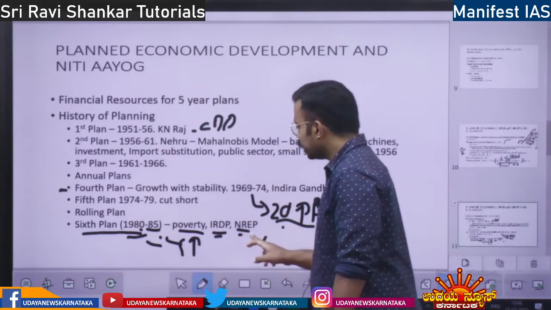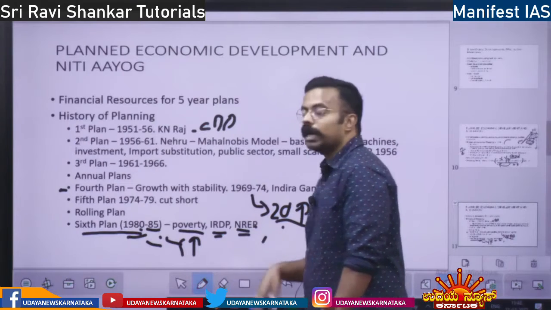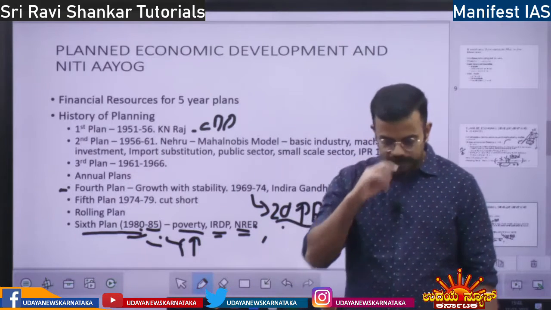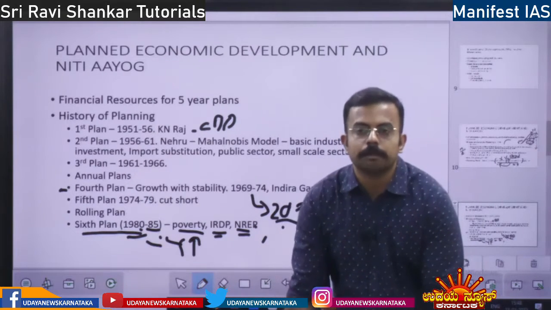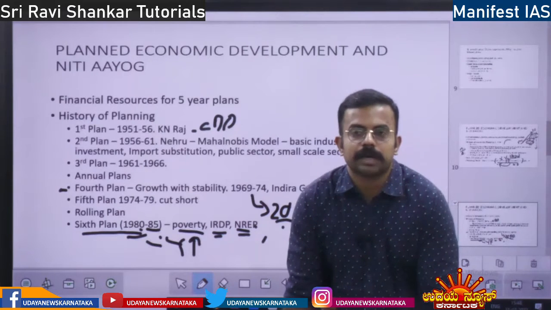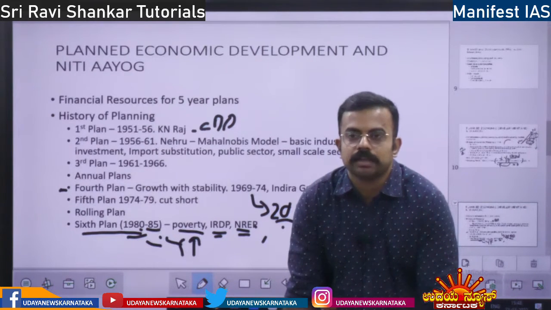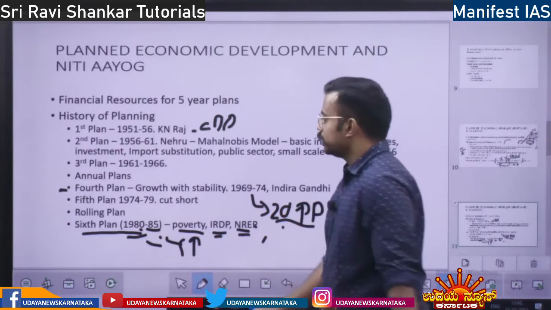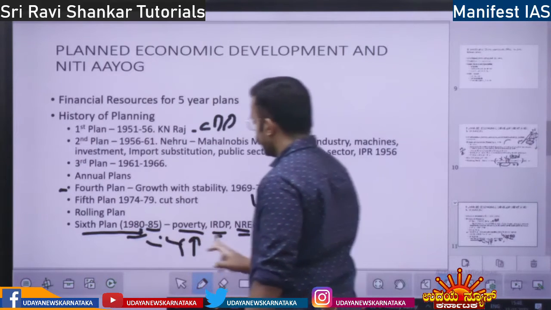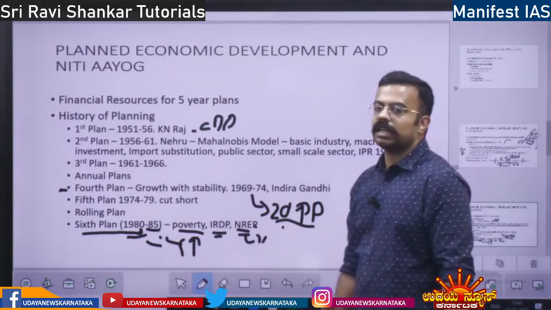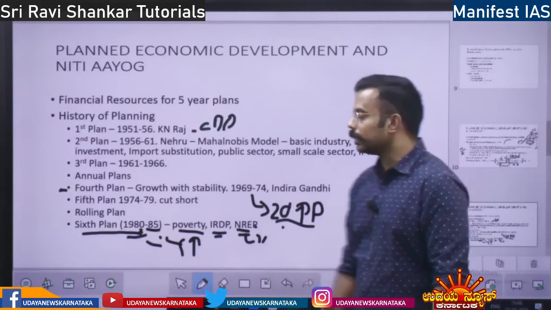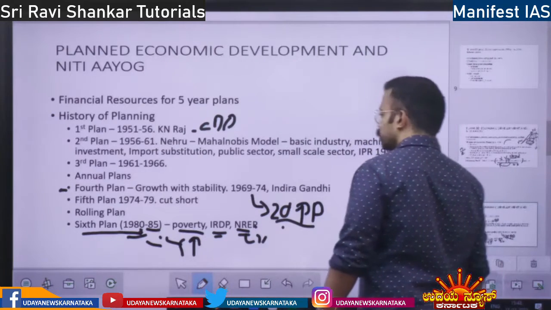Indira Gandhi also starts the National Rural Employment Program. You know MGNREGA from 2005. It actually has its genesis in 1980-85, the NREP, National Rural Employment Program. Clear? Okay. This is the sixth plan.